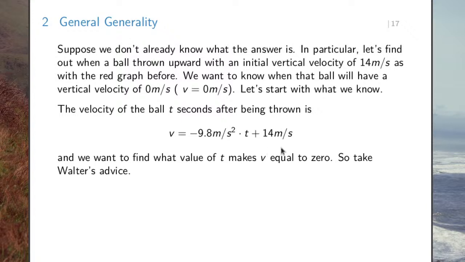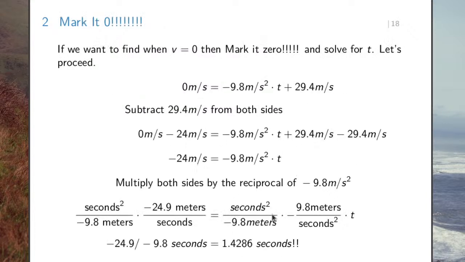So to find when this reaches its maximum height, we want to make it 0. So if we want to find when this part equals 0, we'll just set it equal to 0.